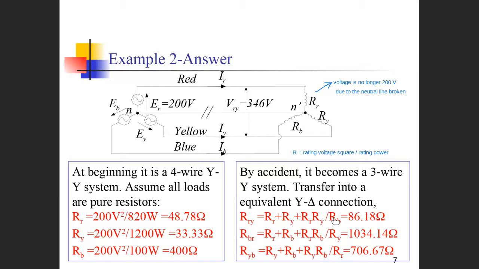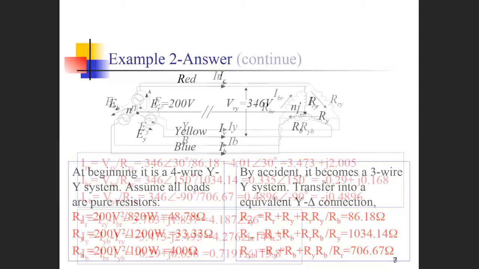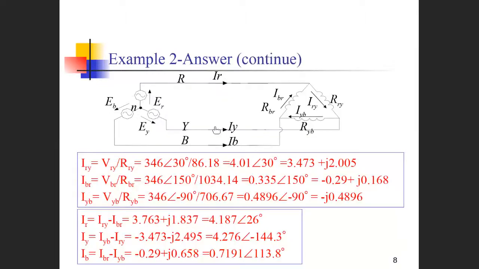With the delta equivalent resistance calculated, now the system becomes a 3-wire star-delta connection, as shown here.